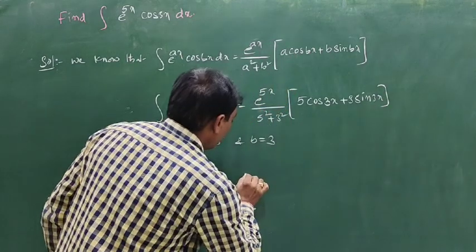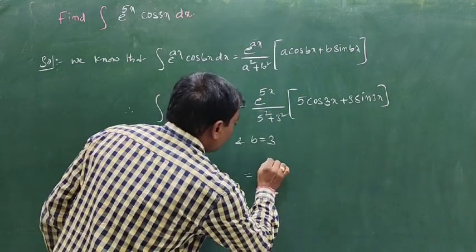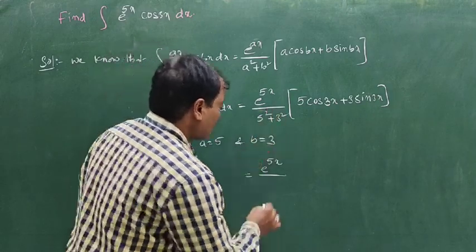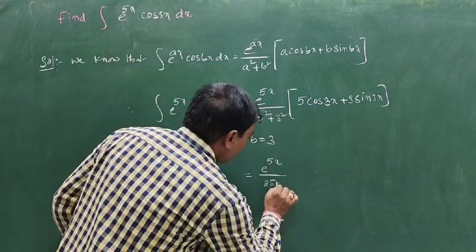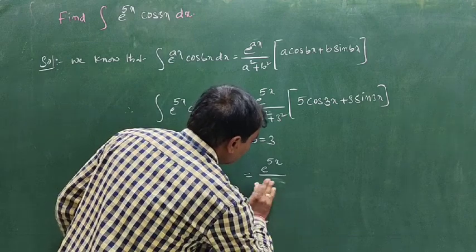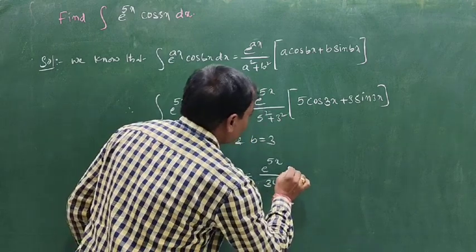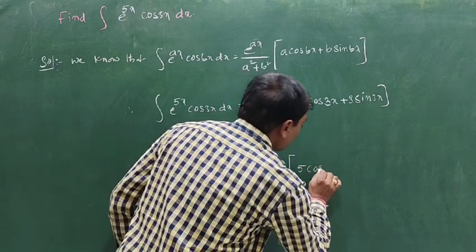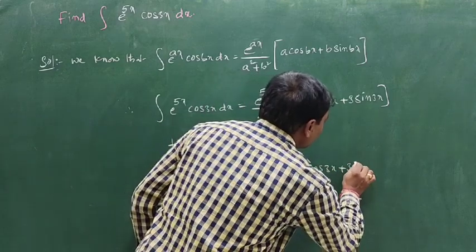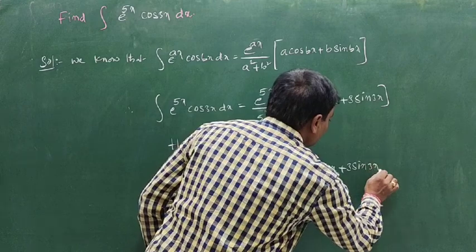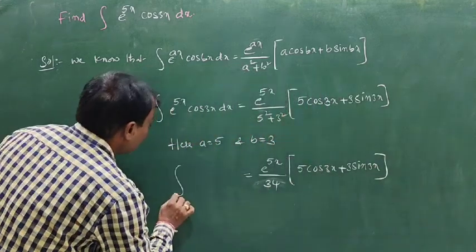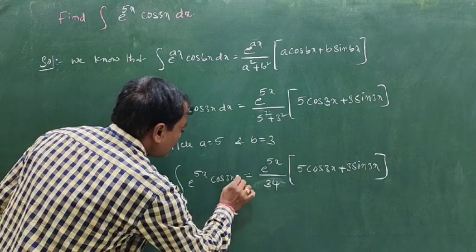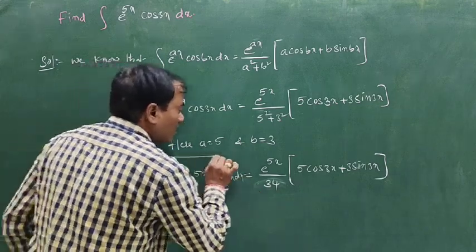This equals e to the power of 5x by 25 plus 9, that is 34, times 5 cos 3x plus 3 sin 3x. Now this is the given integral value of e to the power of 5x cos 3x dx.